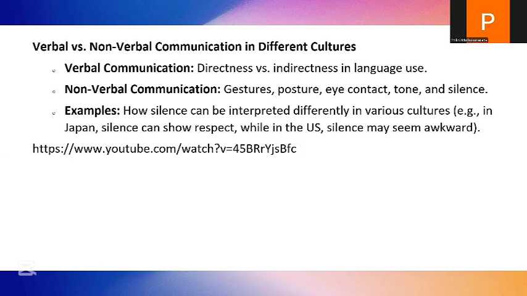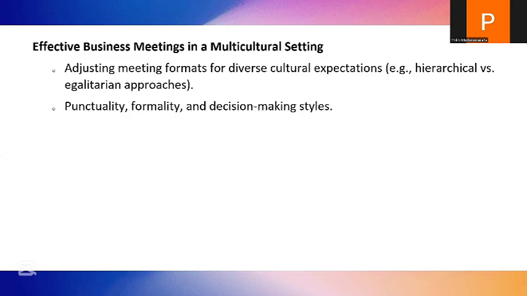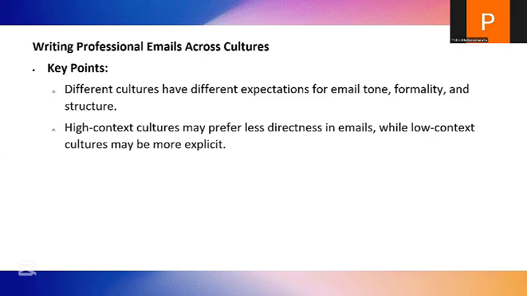So, if you are going to effectively conduct business meetings in a multicultural setting, you have to adjust meeting formats for facilitating diverse expectations, right? And it's very important you have to consider the formality, decision making styles, and punctuality. And also, when we are going to deal with writing professional emails across the countries, there are some different tone, formality, and structure.